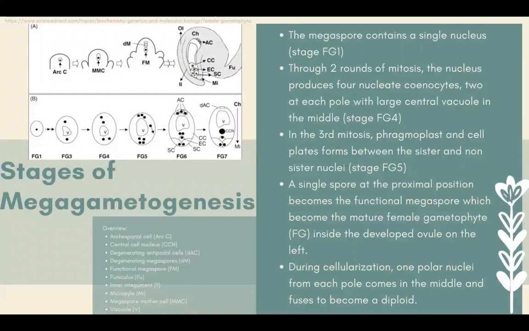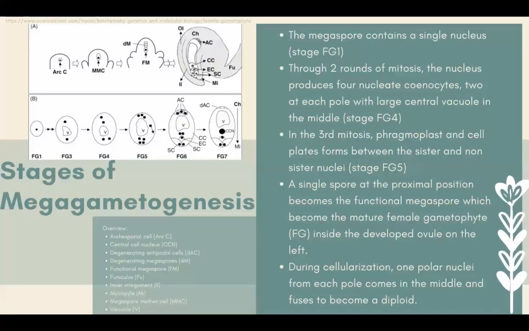The stages of megagametogenesis: we have the overview here so you can see the names of the OI, CH, AC, CC. The megaspore contains a single nucleus, shown in stage FG1. Through 2 rounds of mitosis, the nucleus produces a 4-nucleate coenocyte, 2 at each pole with a large central vacuole in the middle, shown in stage FG4.